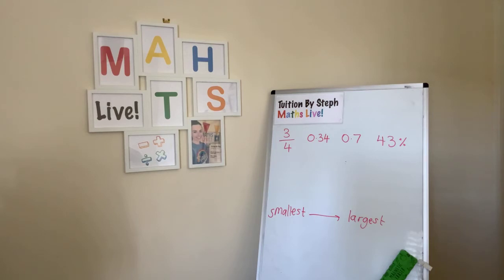So let's see if we've got some answers going to come in. Oh, we've got one. Sam's got one. Okay. And what I like about Sam's is that he's written the numbers as they are presented on the paper.